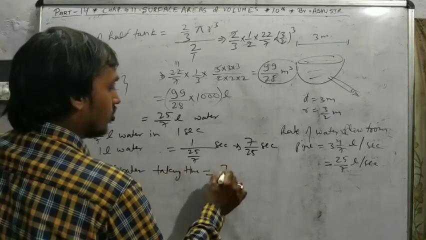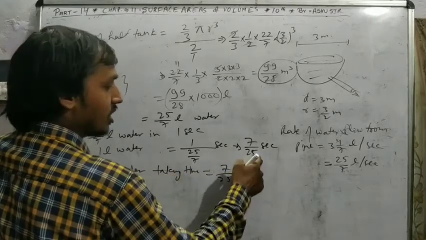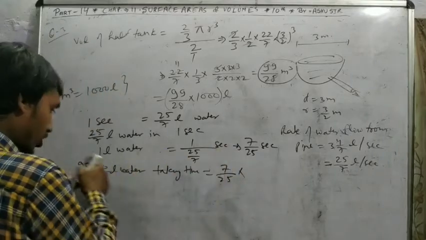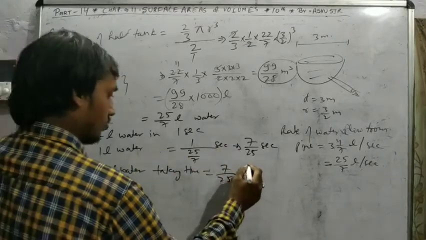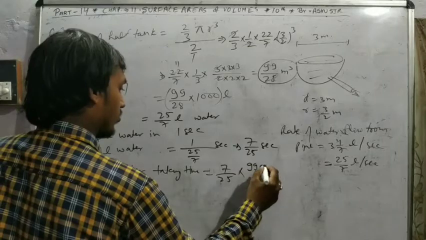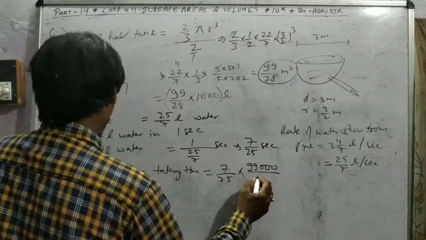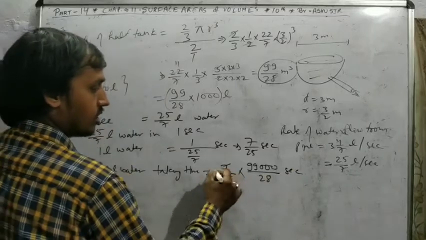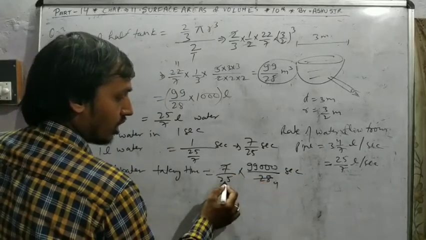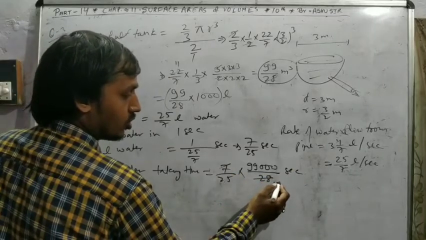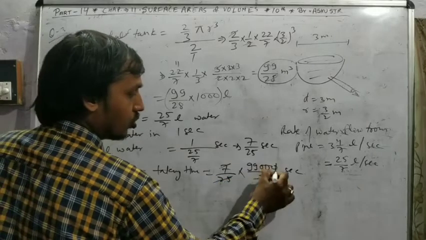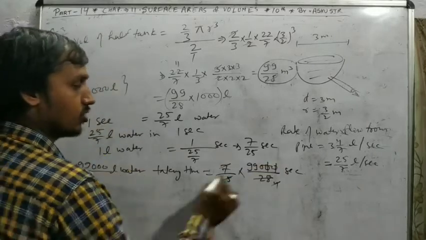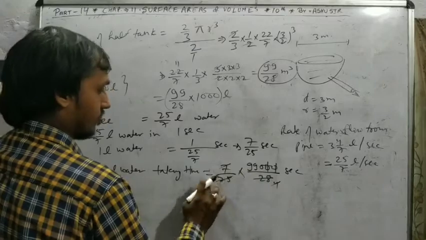Taking time is equal to 7 by 25, which is the time for 1 liter, times this many liters, 99,000 upon 28 second. 7 for 28 is 4, 25 4 is 100, so this and this cancel to make 20. So 990 seconds.